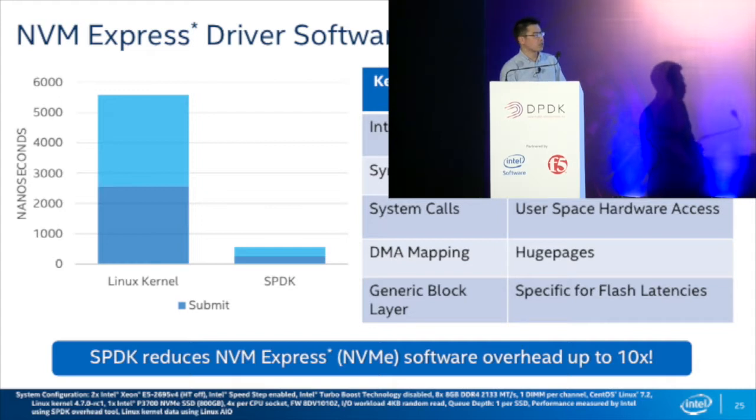The fourth is that we use huge pages. And the final is that the kernel uses a generic block layer, but SPDK is designed for the special flash latencies. So for both submitting I/O and completing I/O, SPDK is much better than the kernel.